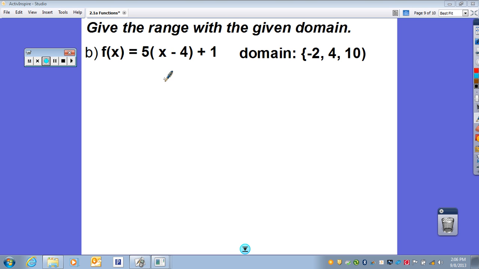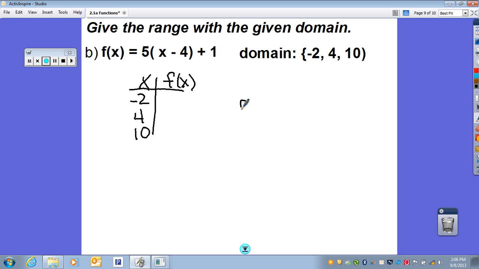Let's try another one. So we'll make our table. Our domain is our x values. We're going to use negative 2, 4, and positive 10. We want to find the range, which is our output or our y values.